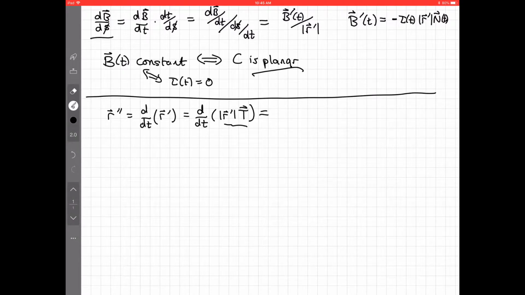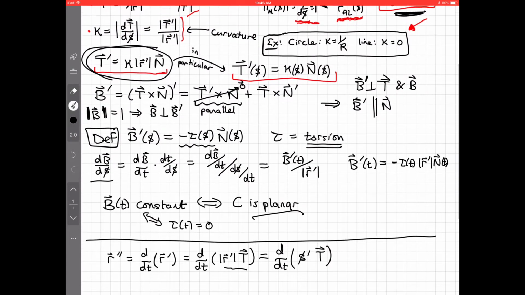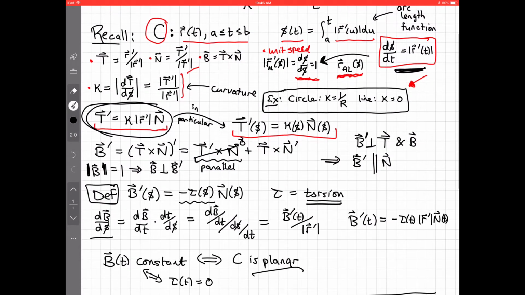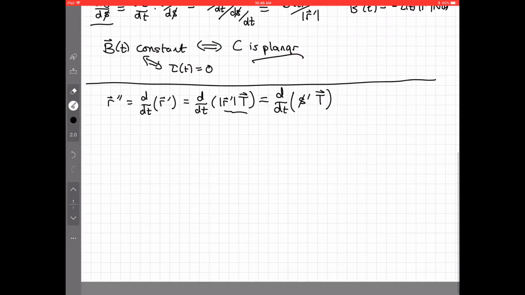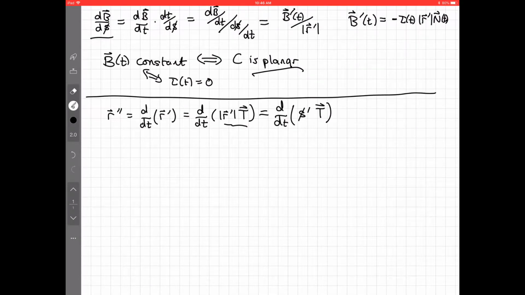Before taking the derivative, recall that the length of r prime is the same thing as the derivative of our arc length function. Remember, that came from our important formula right up here. Using the product rule, we have s double prime t plus s prime t prime.